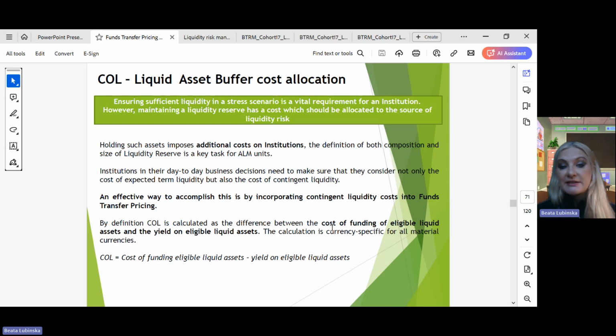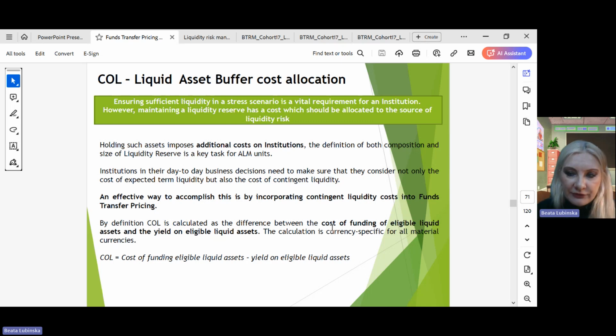Okay, let's analyze. In order to understand what to charge, I first need to quantify this charge. So one thing is how to charge, how much, but then what exactly is this cost? Let's call it here the cost of liquidity, which should be charged for contingent liquidity.